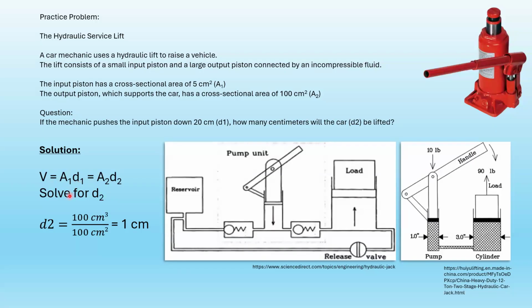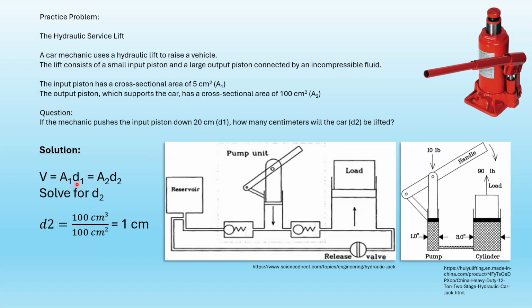So, what do we have? We have the area of one. We have the area of the other one. So we got this one, and then we got this guy here. Now, we have the distance of the first one that moves 20 centimeters.